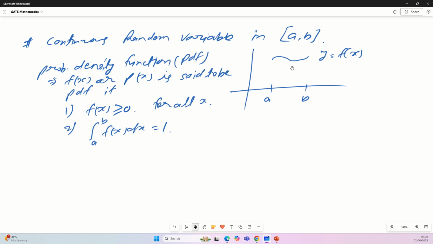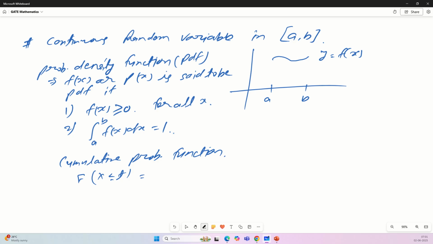It means if this particular function is representing a probability density function between the interval a to b, then it must give you integral a to b f of x dx equal to 1. Then only it will be called a probability density function. And from here you can get the cumulative probability function, that is F of x less than or equal to some t.